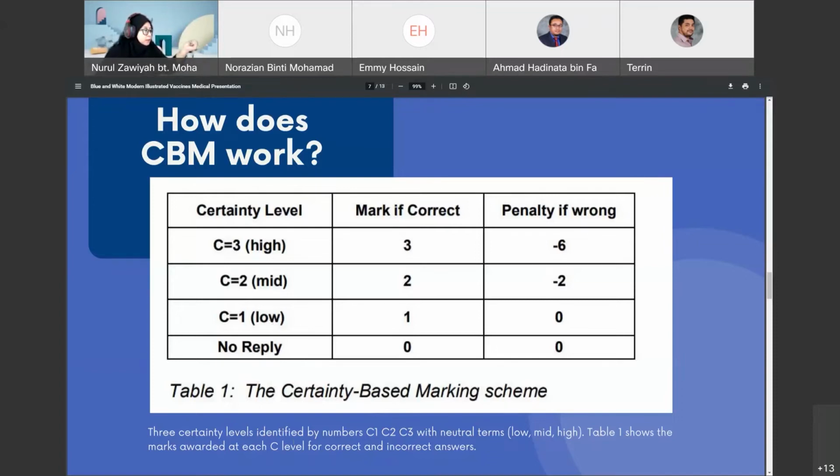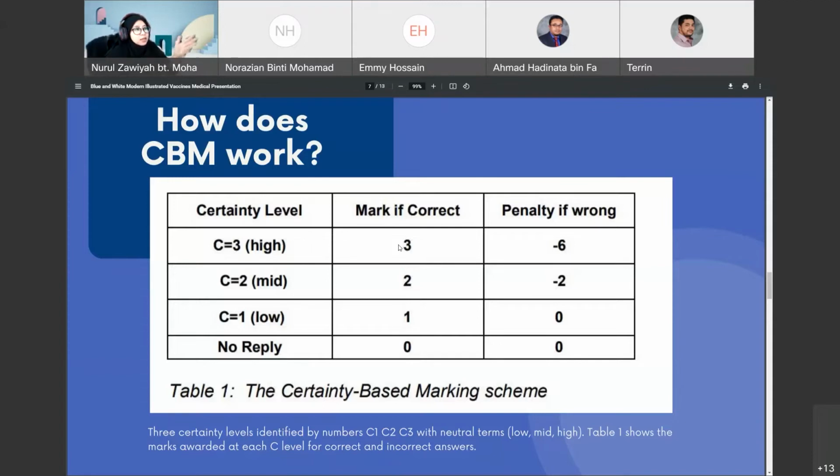Okay, so let's say the students answer correctly but are unsure of the answer, they will get 1 mark for the question. If it's correct but they are only 50% sure, they will get 2 marks. But if they are confident, they will get 3 marks.